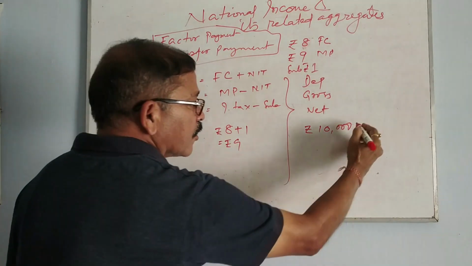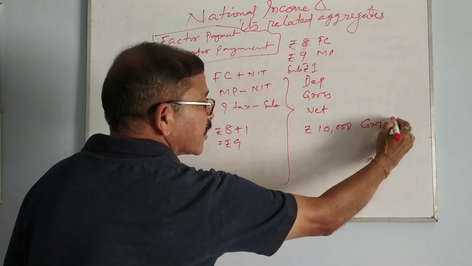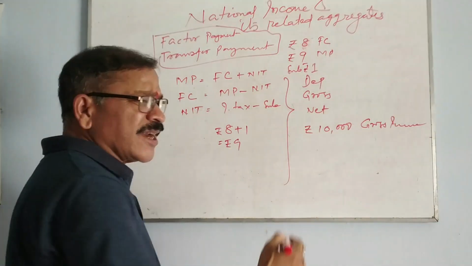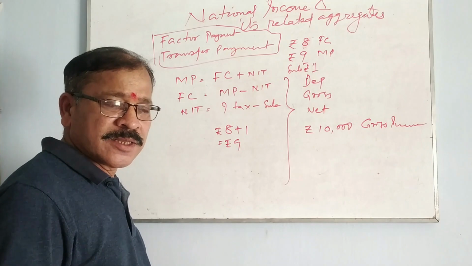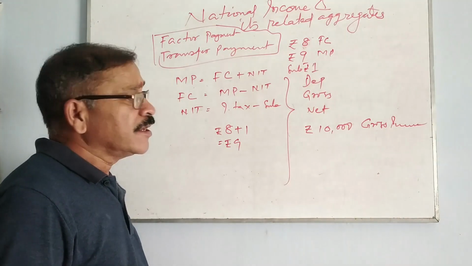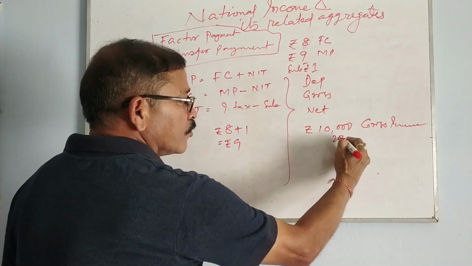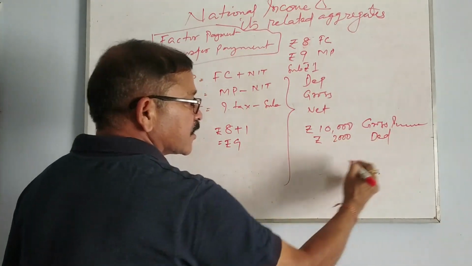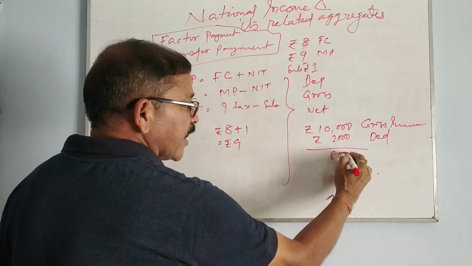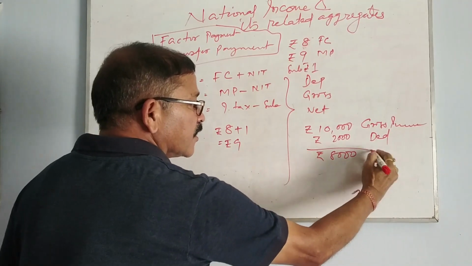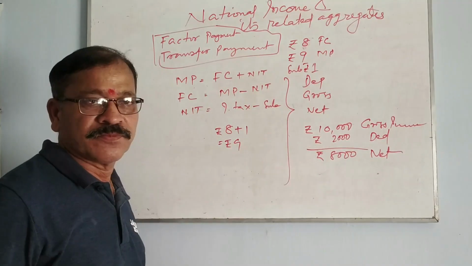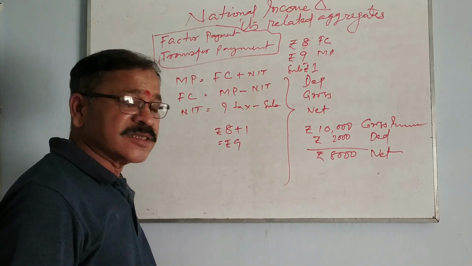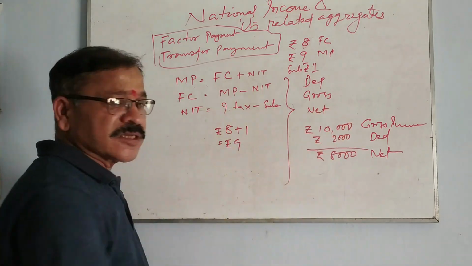It is his gross income. Now, there are certain deductions in his income, say 2,000 rupees. So he is going to get 8,000 rupees. This is known as net. His net salary is 8,000, his gross salary is 10,000.